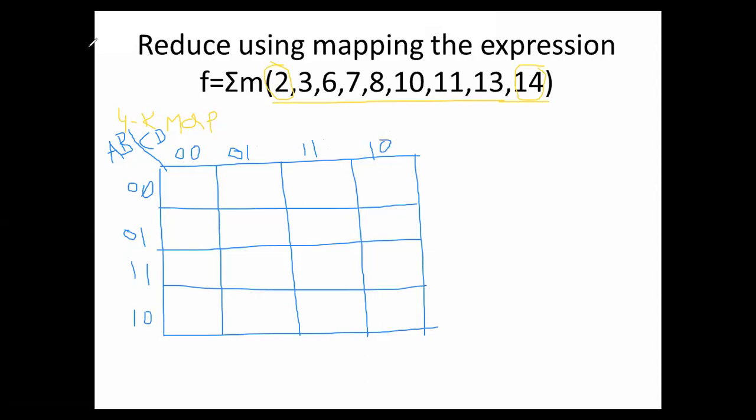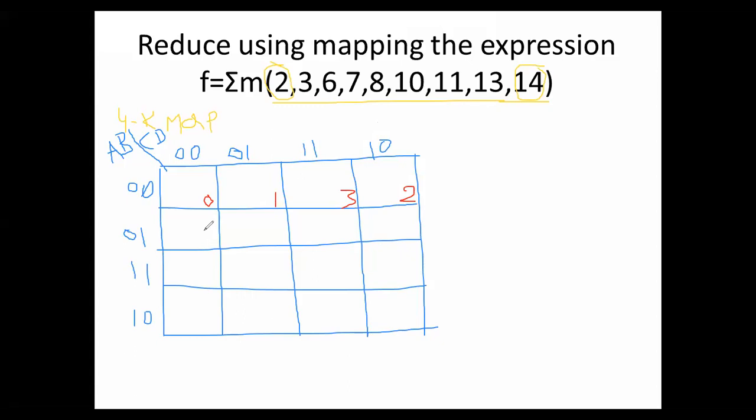Okay? Now take the values in the corresponding cells. This belongs to 0 0 0 0, so the value is 0. 0 0 0 1 is 1. 0 0 1 1 is 3. 0 0 1 0 is 2.